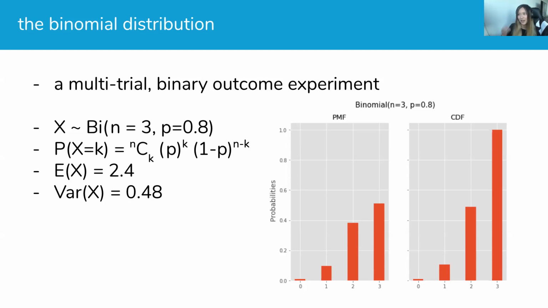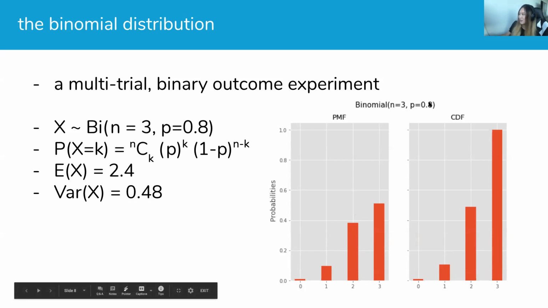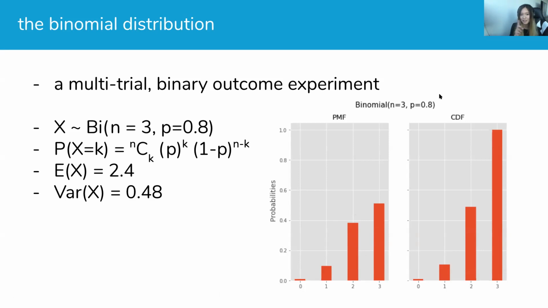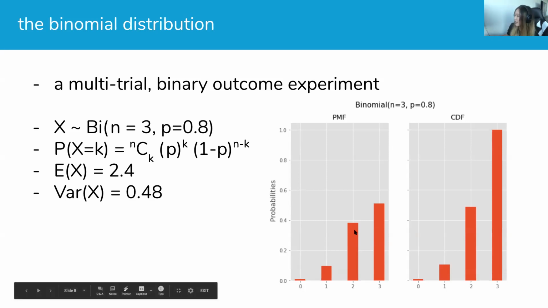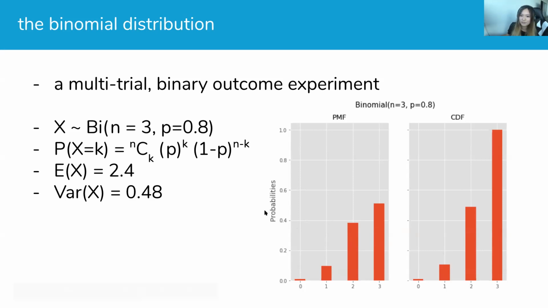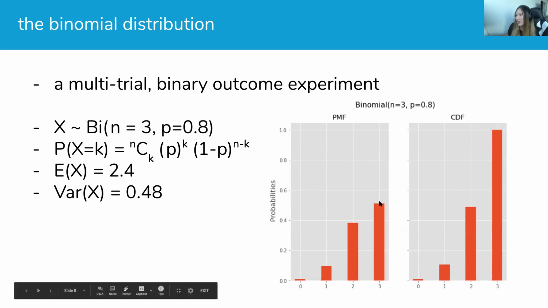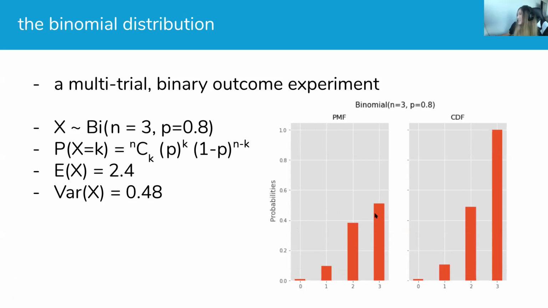A question you would ask here is, what's the probability that I make 2 out of 3 of my shots? With the probability of 1 success being 0.8, if we look at this graph, the probability of making 2 out of 3 of my shots is just under 0.4. I'll break this equation down in a bit as well. And the probability of making all 3 of your shots is just about 0.5.